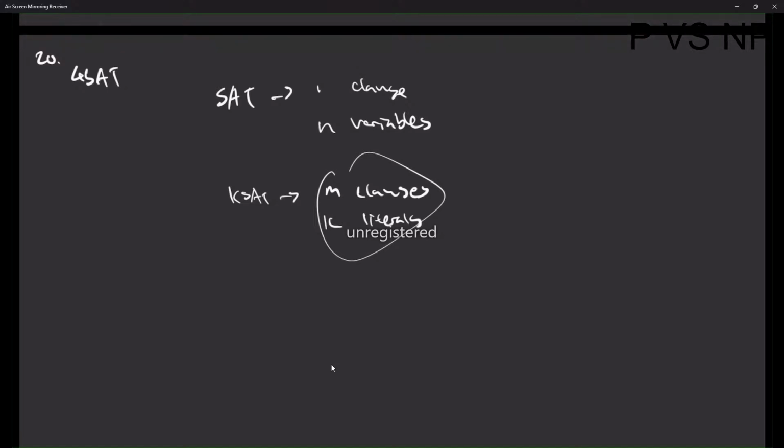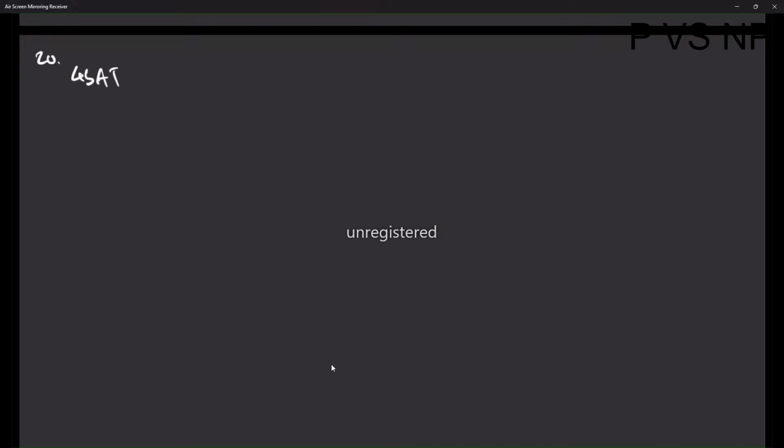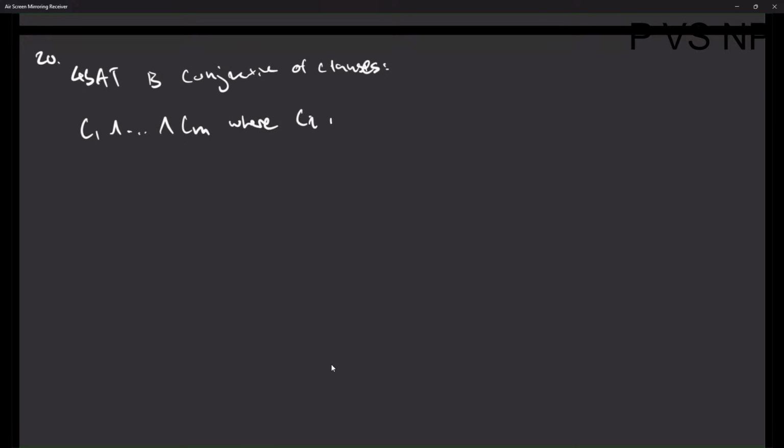Then 4-SAT is the conjunction of clauses C1 and ... CM, where Ci is of the form L1 or L2 or L3 or L4, where each one of these is just a literal.